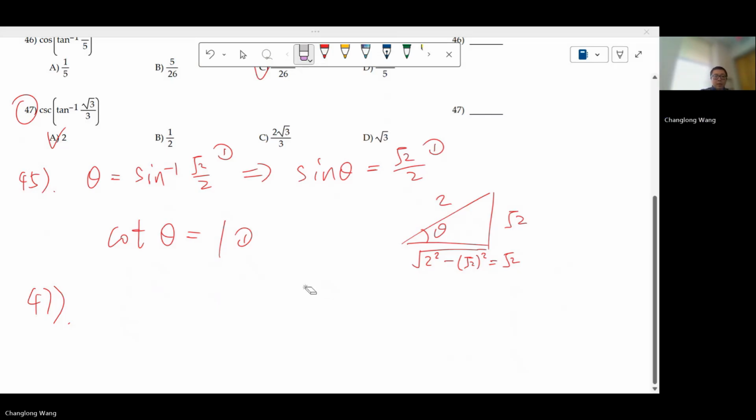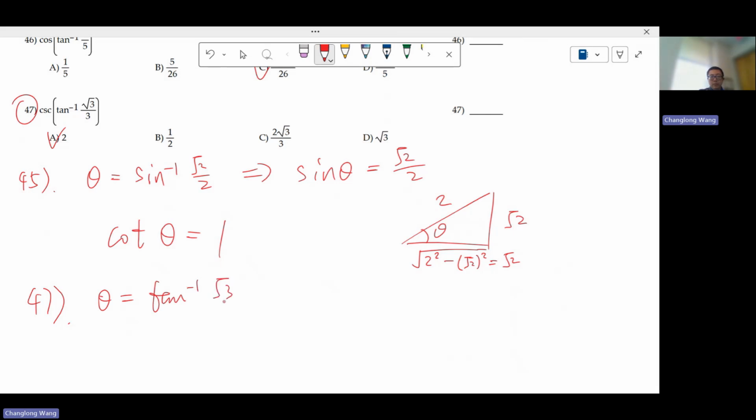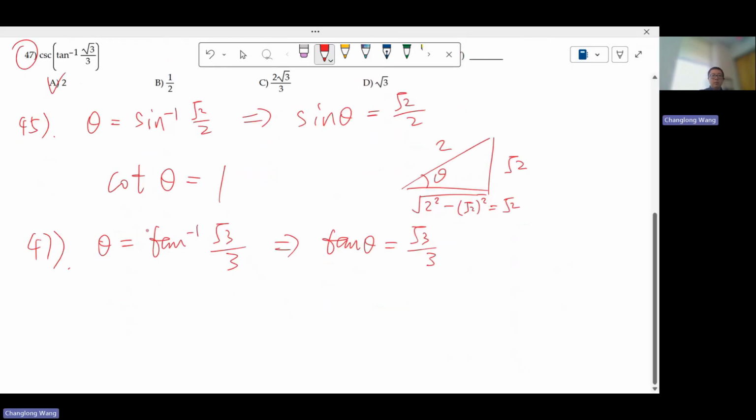All right, now let's quickly do this little trick again with 47. So again, we will quickly identify theta as tangent inverse radical 3/3, and then you go ahead and rewrite it as tangent theta equals radical 3/3. So now you're going to remind yourself you're looking for secant theta, right?